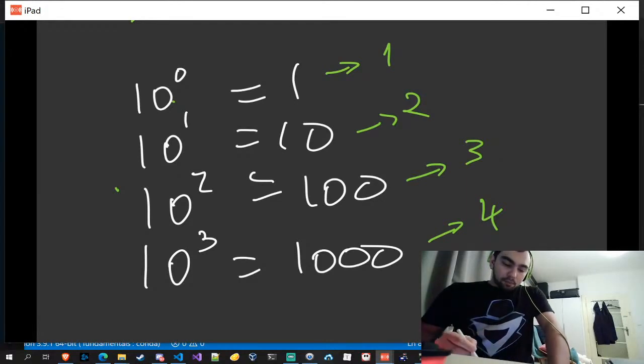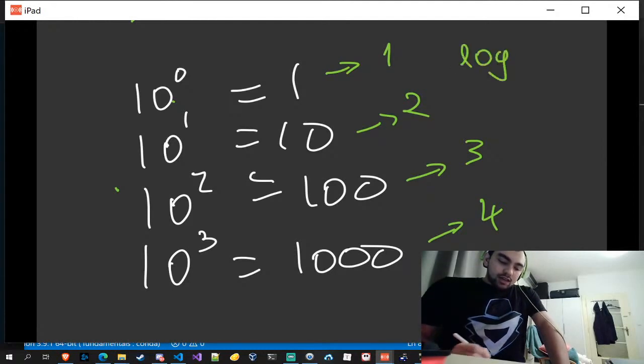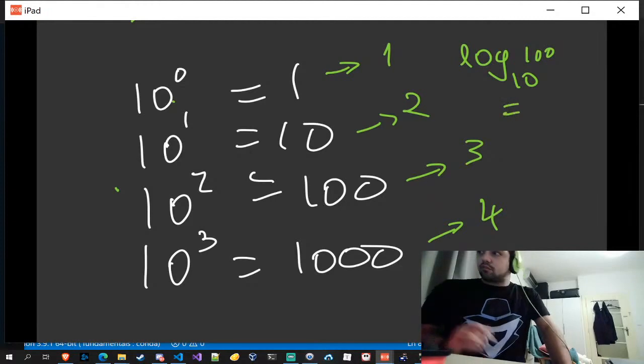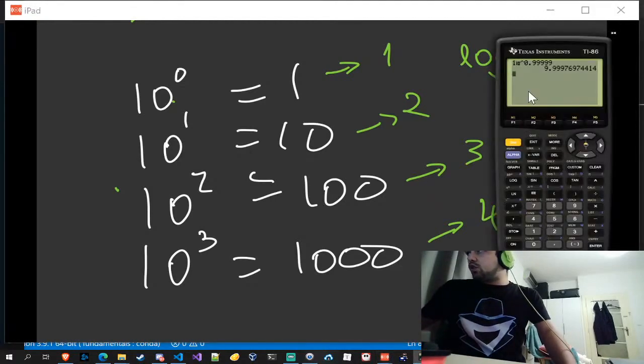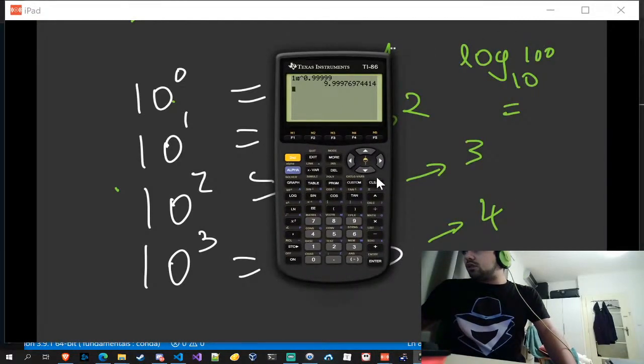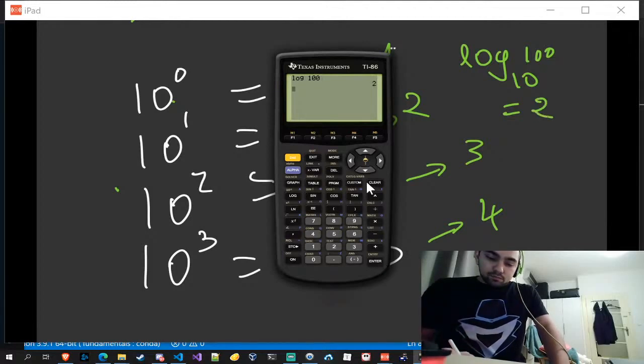And we can do that, of course, with a logarithm. So if we say log base 10, and let's say 100, and if we pull out our calculator, this of course is going to be 2, right?